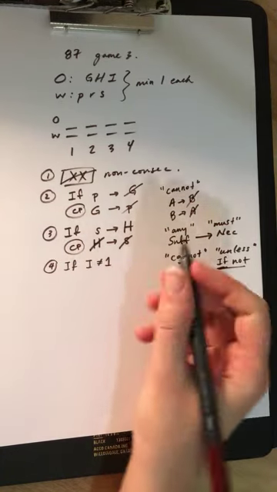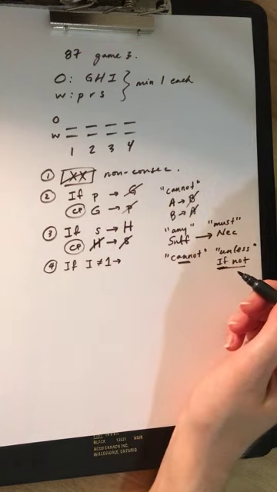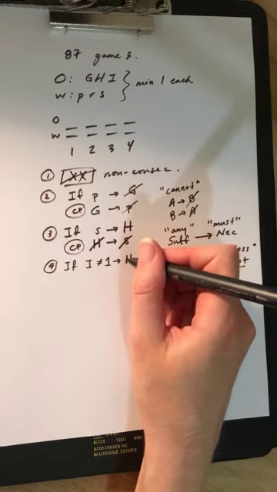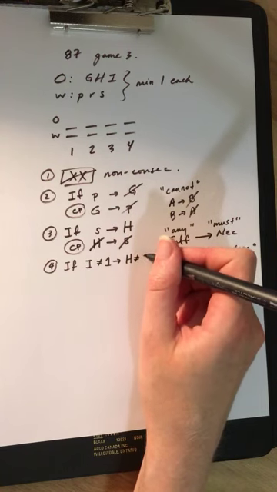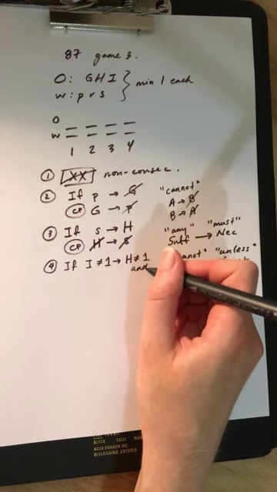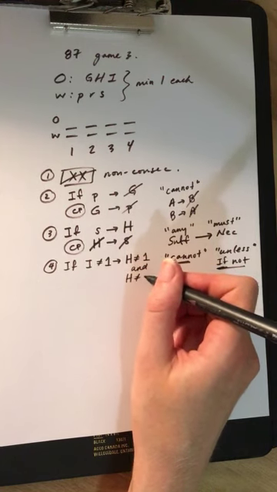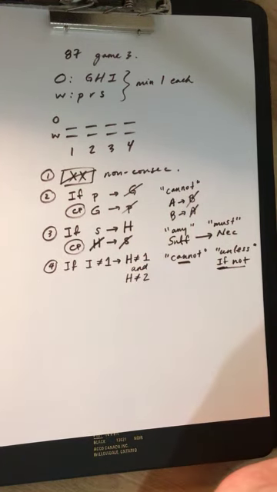Then H cannot be earlier than third. So H cannot be first and H cannot be second. Cannot be earlier than third, so it can't be either first or second.